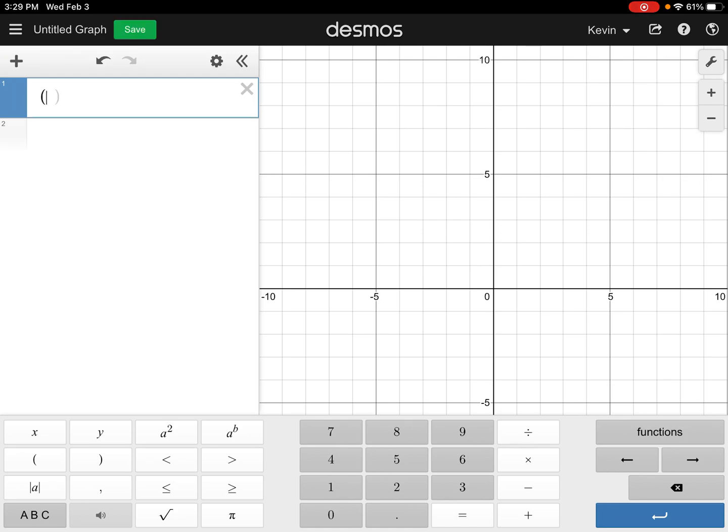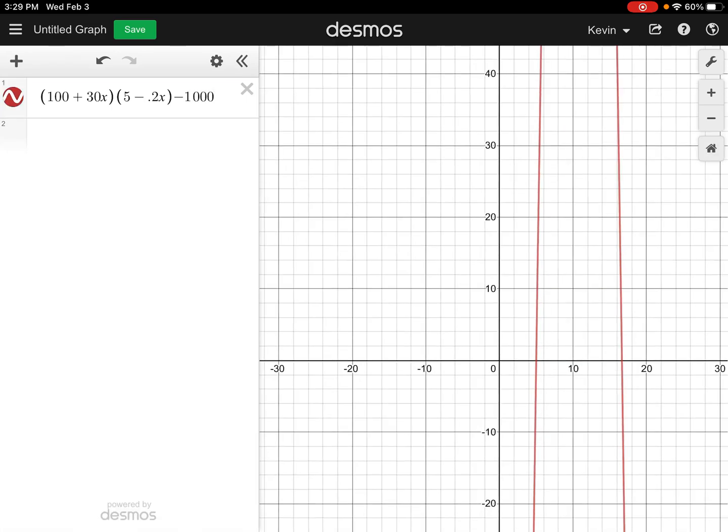So it was, we have 100 people. We're going to get 30 more if we have a $5 charge, but minus 0.2. And we have a $1,000 cost of keeping the arcade open. So there is our equation.